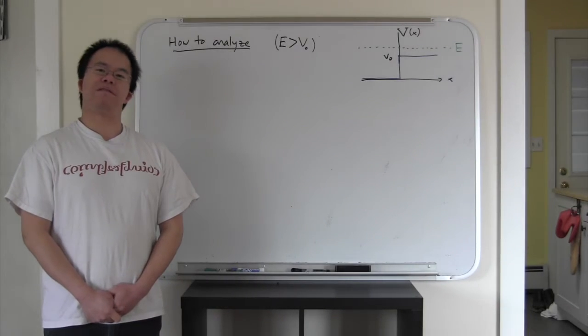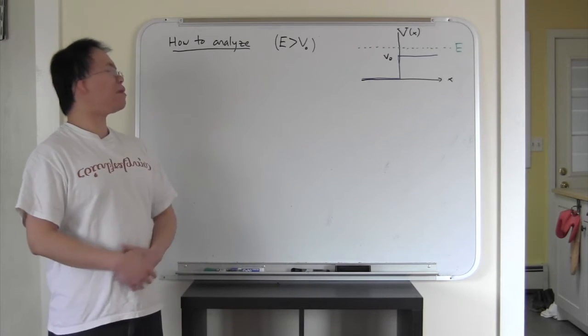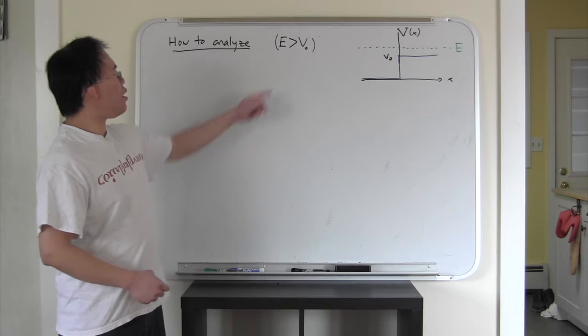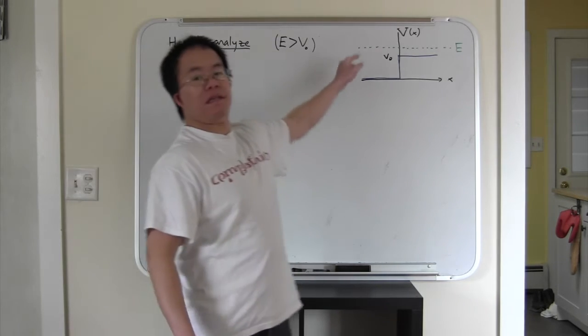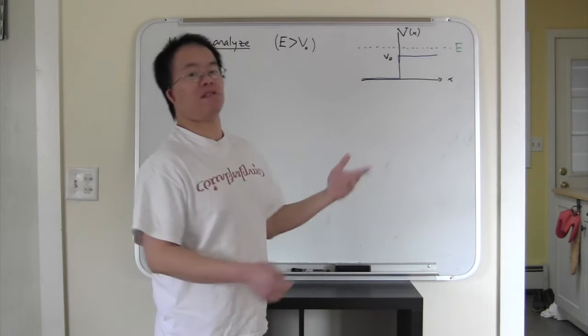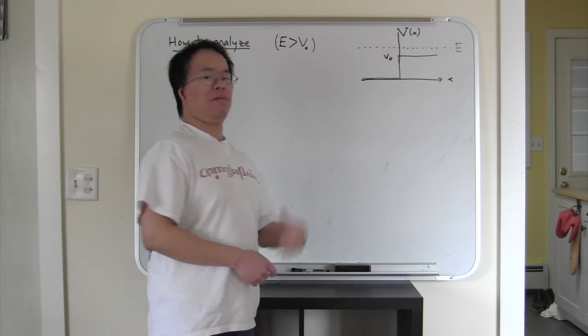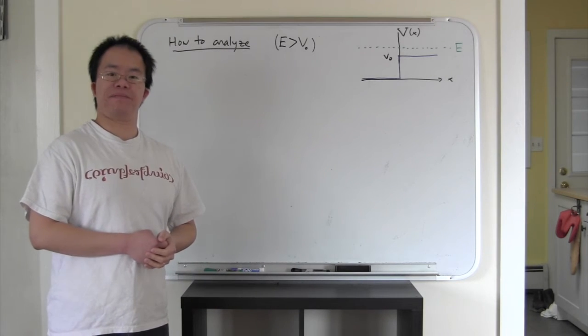So I now want to outline how one can analyze this mathematically, and let's start with the case where the total energy of the system E is larger than V naught. This is the case where we started off looking at in the PhET, where we have propagating, transmitted, and reflected waves.